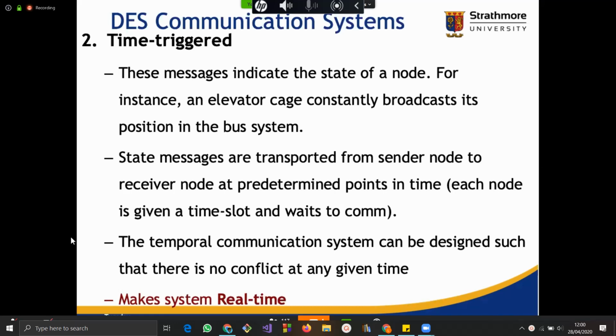For example, if there are 5 nodes, a node is given a second, if it has any information, to pass it through the bus. At that time, no other node sends information. The first second is node 1, then node 2, and after all the nodes are finished, it goes back to node 1.